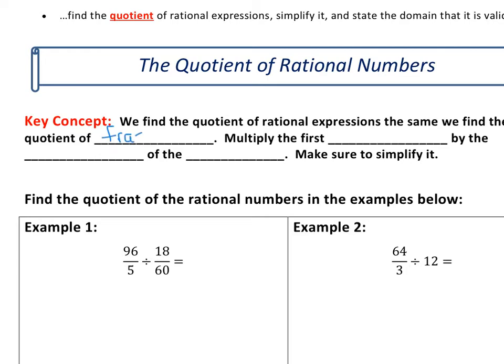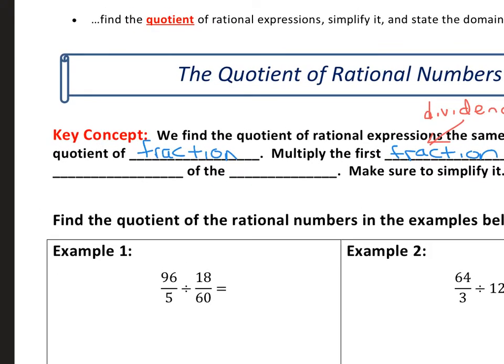And we do that by taking that first fraction. Remember, that first fraction is the dividend, the thing that's being divided. And we are going to multiply that fraction by the reciprocal of the second fraction.